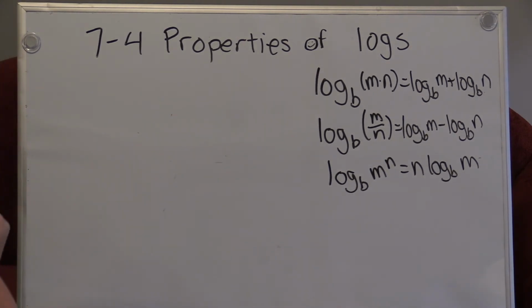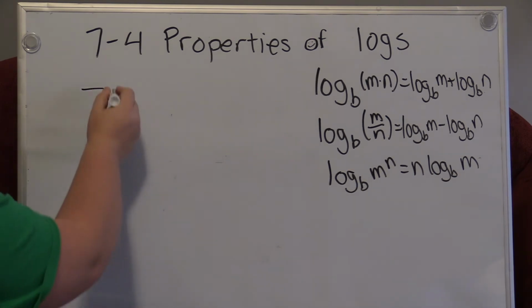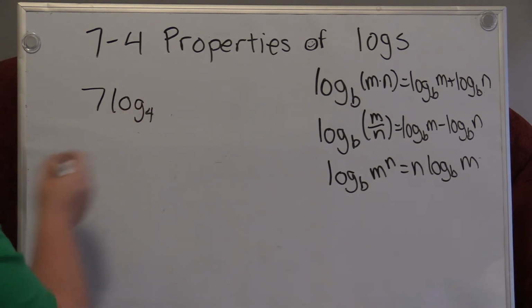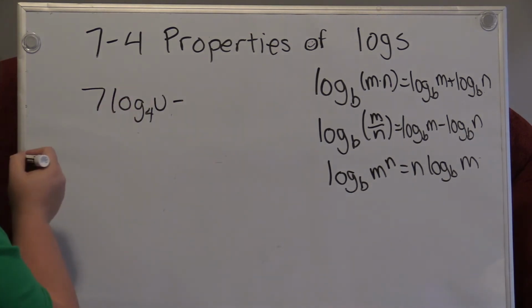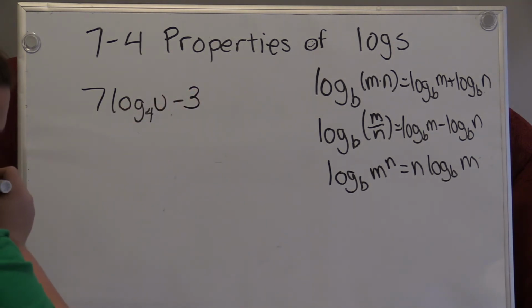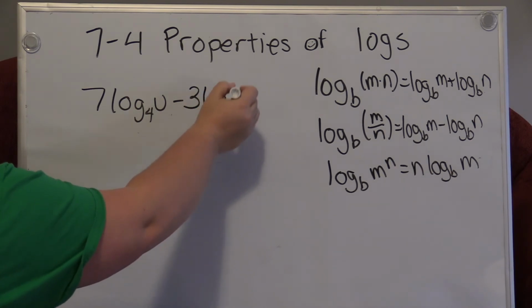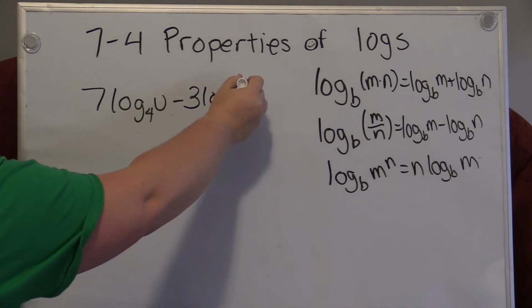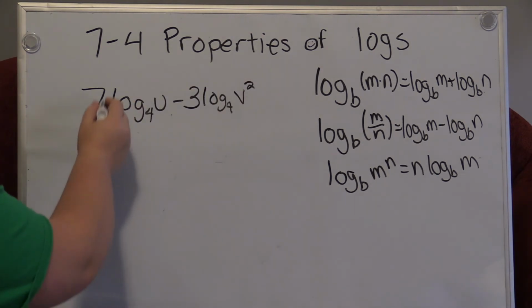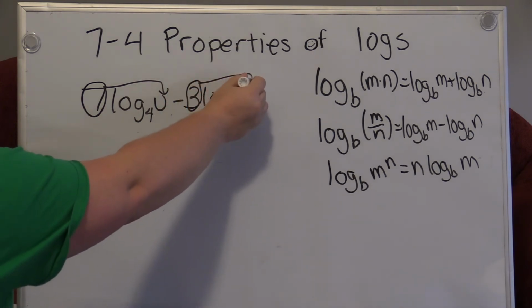Now, I have 7 log base 4 of u minus 3 log base 4 of v squared. So remember, these go up top.